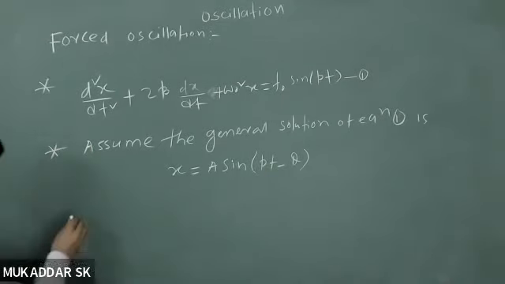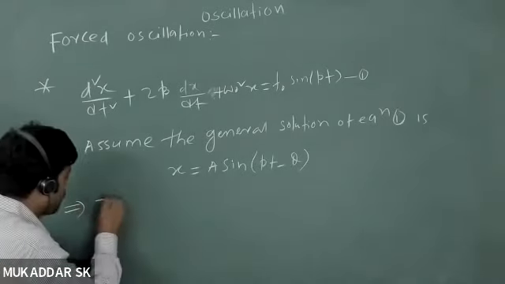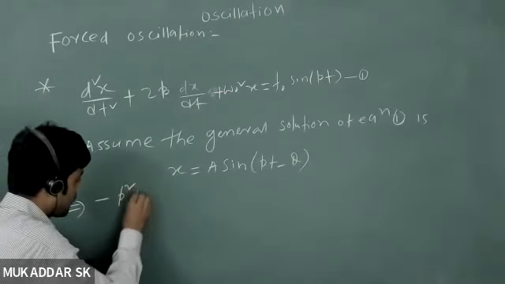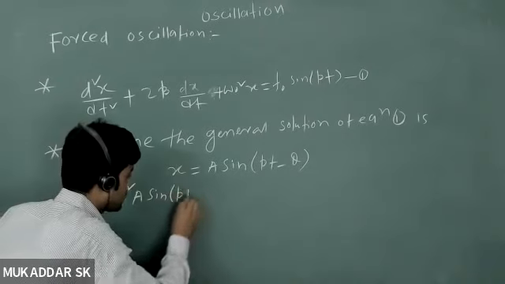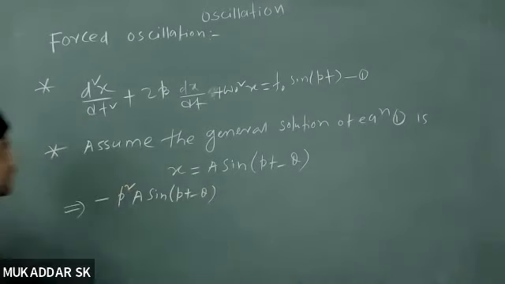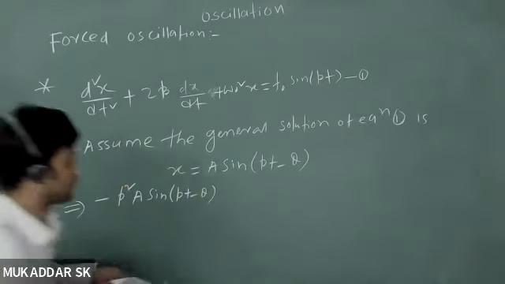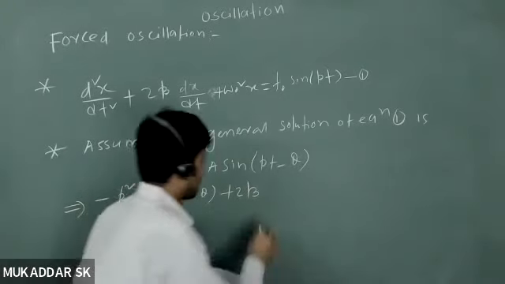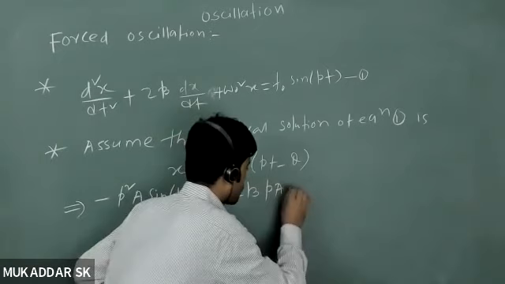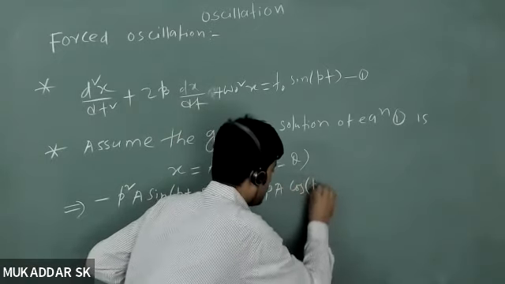So in place of del square x by del t square, I'll substitute minus p square a sine of pt minus theta. In place of dx by dt, I'll substitute pa cos of pt minus theta.